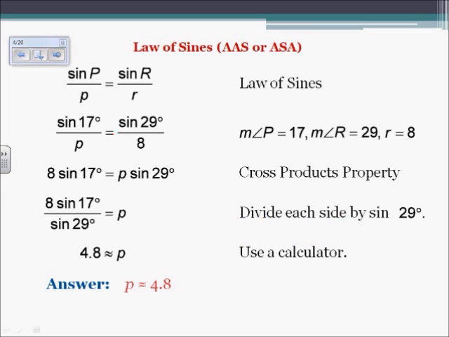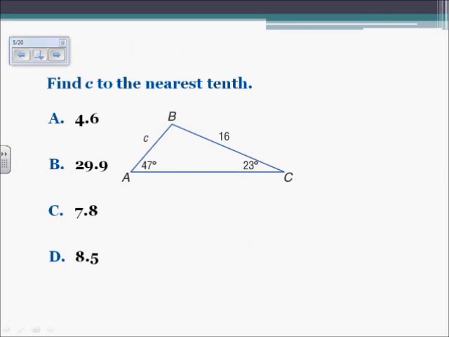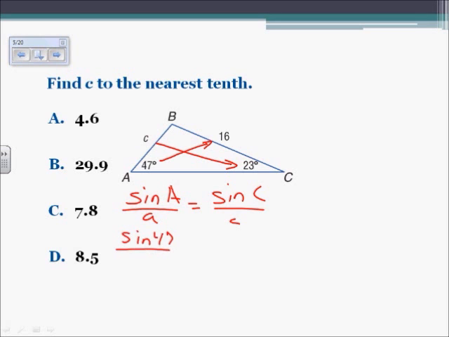Let's do another. This one says find c to the nearest tenth. So I'm trying to find c. I do have the angle across from c, angle A, and side a is also there. So we'll use the sine of A over little a is equal to the sine of C over little c. Applying, we'll have the sine of 47 over 16 is equal to the sine of 23 over c.